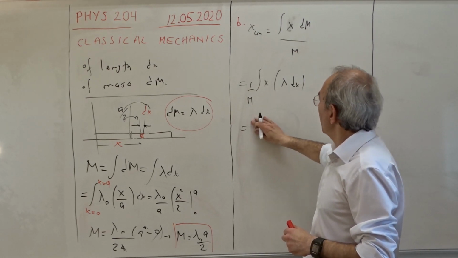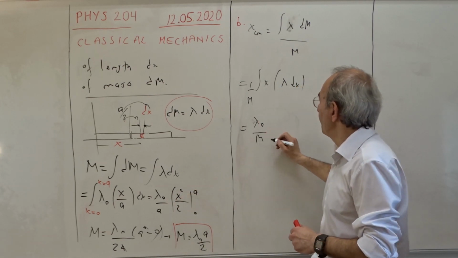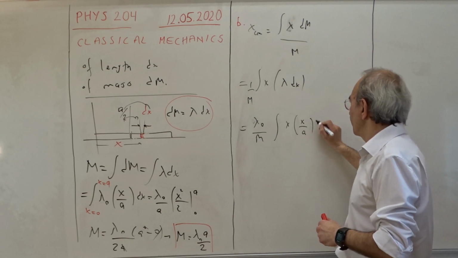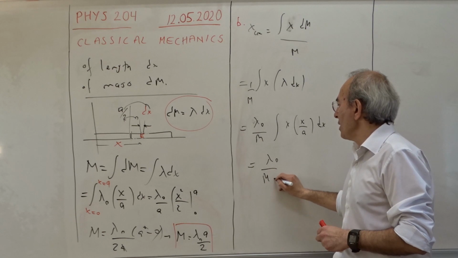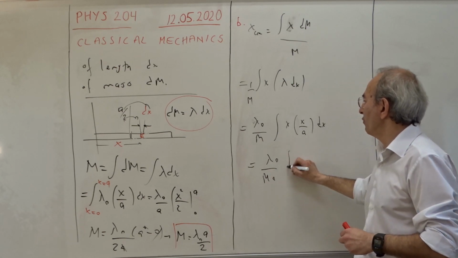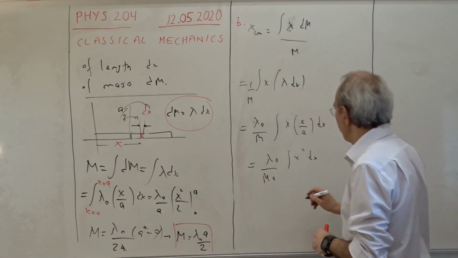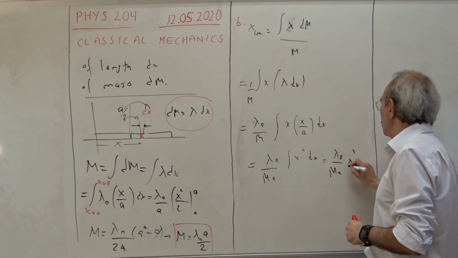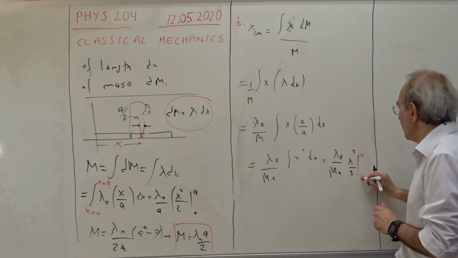So we have, let's take lambda 0 outside, over m, integral x. We also have another x dx. So a is also taken out. Lambda 0 over ma. Inside we have x squared dx. This becomes x cubed over 3. So lambda 0 over ma, x cubed over 3, and the limits are from 0 to a again.